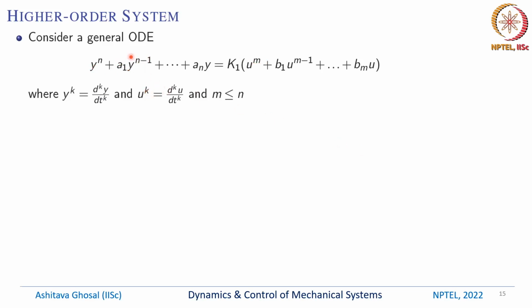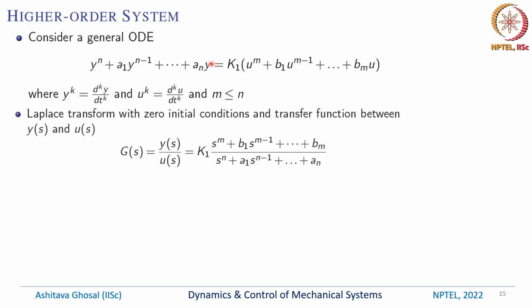So this is the general higher order ODE, containing the nth derivative of y and the mth derivative of the input u. We can take the Laplace transform of this equation with zero initial conditions, and we can obtain the transfer function between y and u.